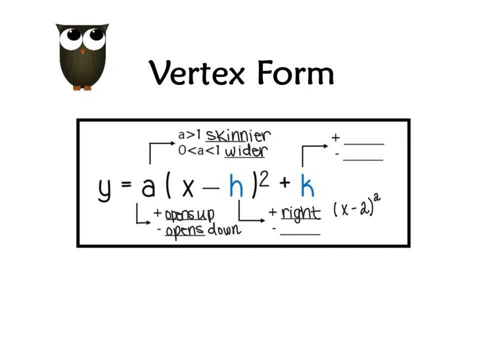If your H was negative, say it's negative 2, what you really would see, because this simplifies, is x plus 2 squared. And when you see something like that, it actually moves to the left. Just be aware that the formula has this negative in it, and so it makes it look like it's a positive 2 and it's moving left, but it's really x minus negative 2.